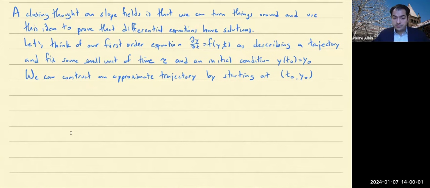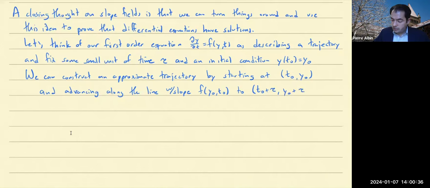So let's start at that point and advancing along the line with slope equal to f of y naught t naught. Right? So if you were to just advance along that line for a time tau, then you would end up at the point t naught plus tau, and then y naught plus tau times f of y naught t naught.